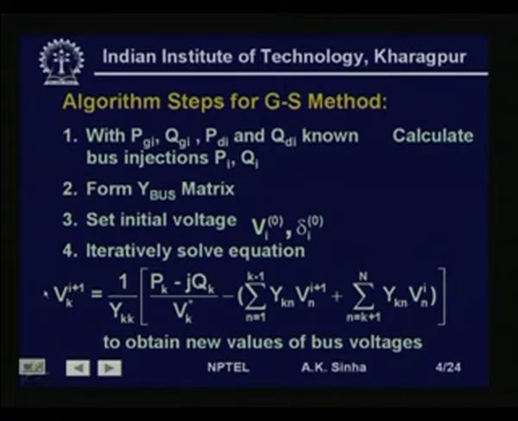So, in this way, for all the voltages we need to solve this equation and obtain the new values, and we will continue this iterative solution till Vk at the i plus 1th iteration minus Vk at the ith iteration are very nearly equal.